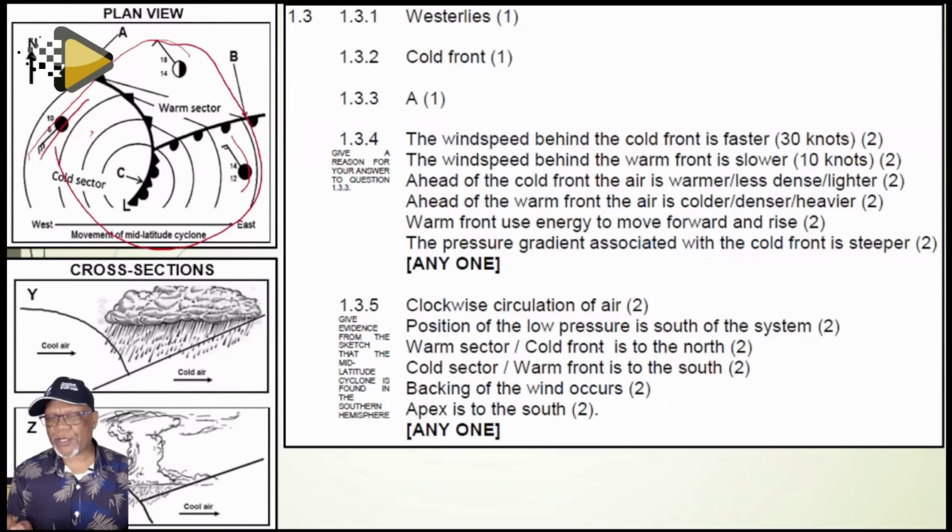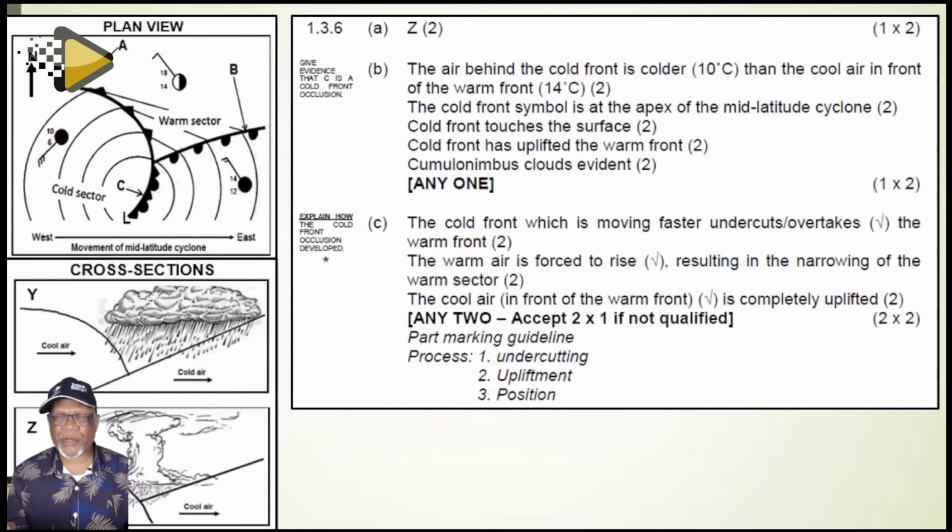The position of the low pressure is south of the system. The warm sector is in the north. And backing of the wind occurs, which is this change of wind direction. The apex is to the south. The apex would have been in the north if it was in the northern hemisphere.